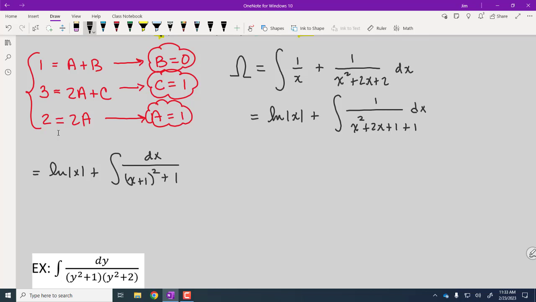And what is that? Inverse tangent. And we don't even have to do anything there. There's no RCR. It's just an immediate inverse tangent of x plus 1. And then integration constant.